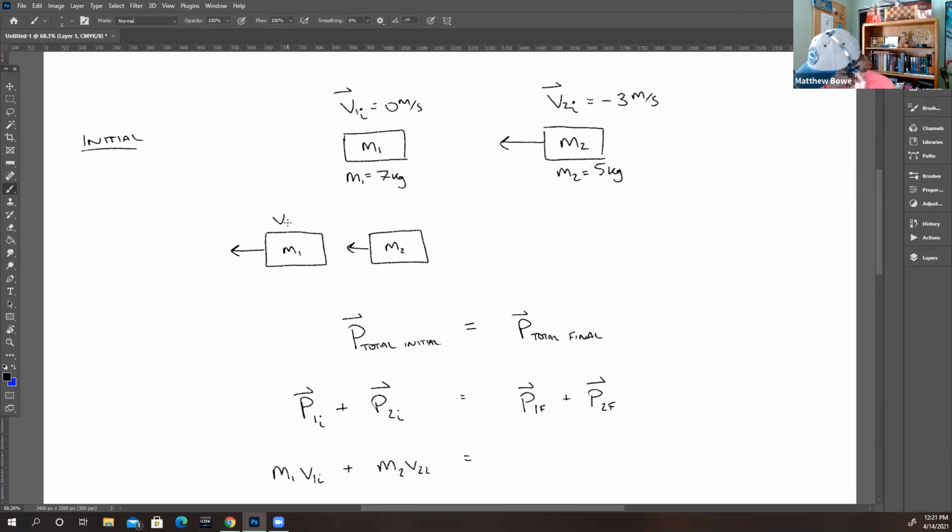So that first one, since it's moving to the left, I'm going to say -1 meters per second. And actually, let's find that second one. This is a good warm up for our lab, and also for collisions in general.